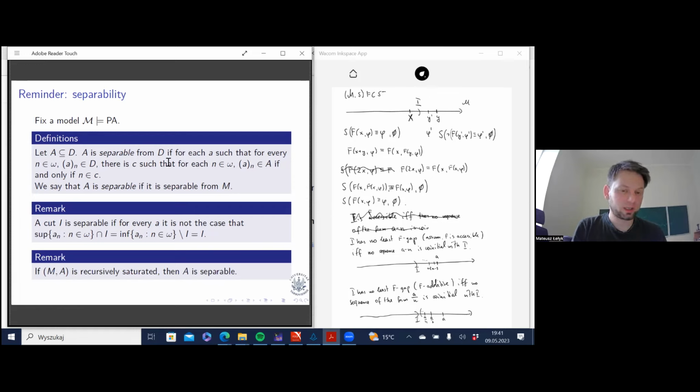And one remark: since we are talking just about the standard parts of these coded sequences, it is very easy to see that if we have a subset A of a model M, such that the pair M comma A is recursively saturated, then the set A is actually separable. So you just write a type, use the fact that finite sets are coded, and that's the whole argument.